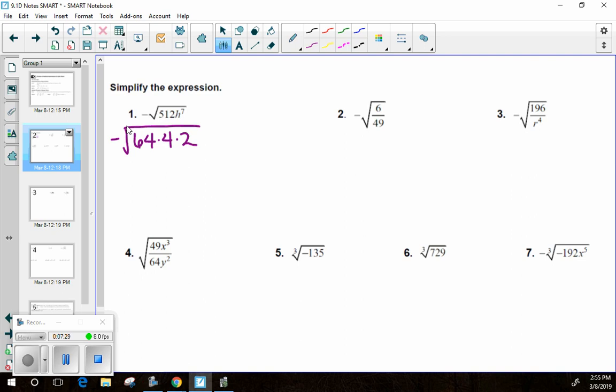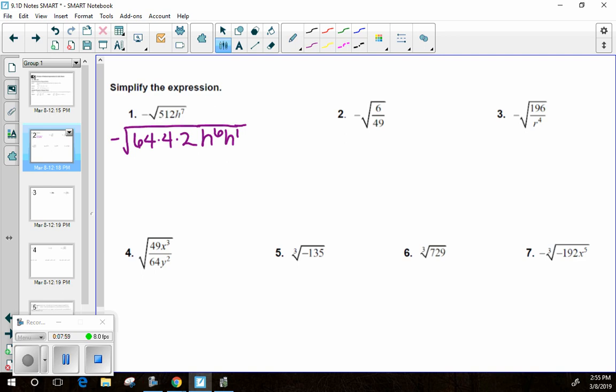All right, what about the h? Is that a perfect square? What can we rewrite that as? H to the 6th power, right? You want to get the biggest even power, the closest one, the most you can get. So I can break that h to the 7 into h to the 6 times an extra 1. Okay, that's my largest even number of h's that I have, is h to the 6. And then there's that extra 1 that we're just going to have to leave inside. Okay?